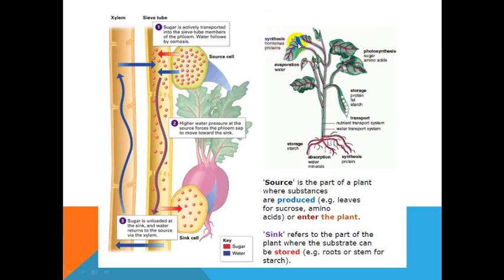For storage, with both sugar and amino acids, plants can change them into protein, fat or starch. For transport, the nutrient transport system is translocation, and the water transport system is transpiration.